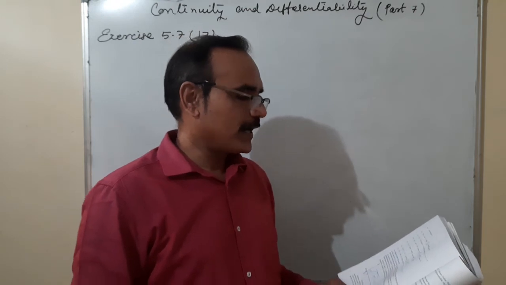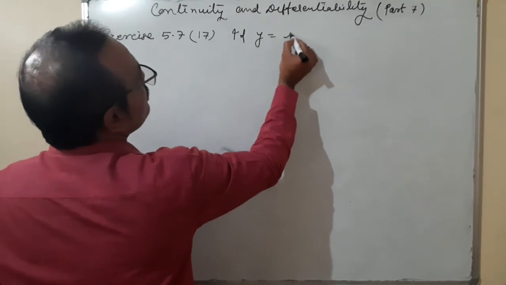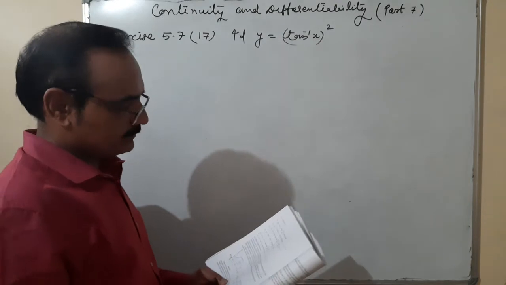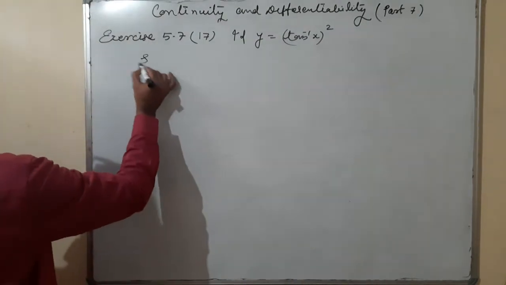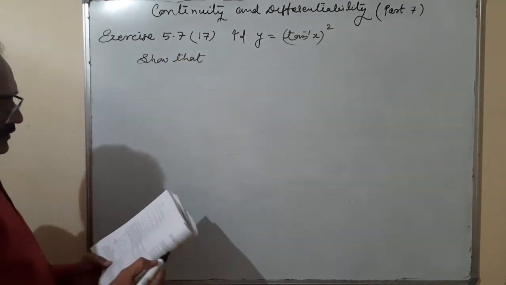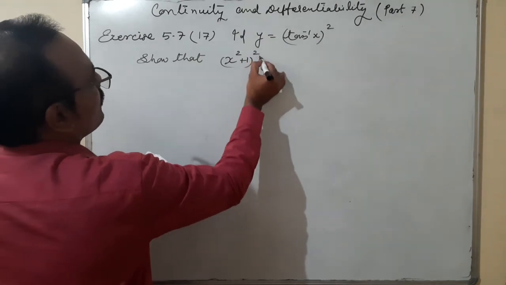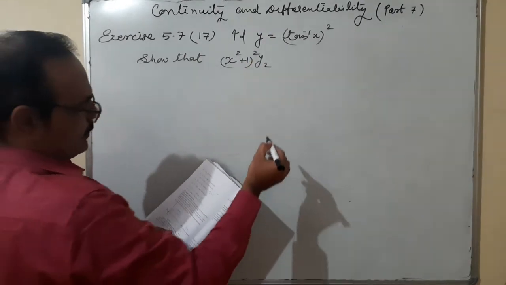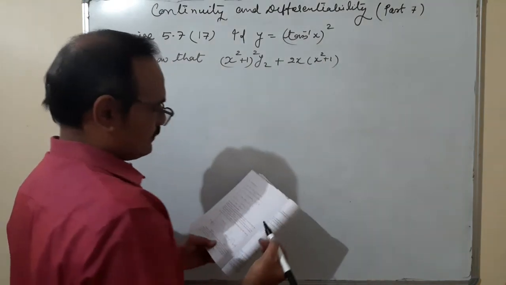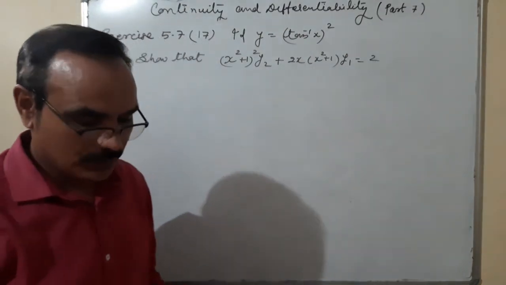If y is equal to tan inverse x whole square, then show that x square plus 1 whole square y2 plus 2x x square plus 1 y1 is equal to 2.